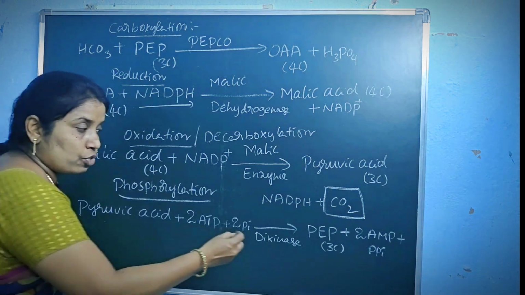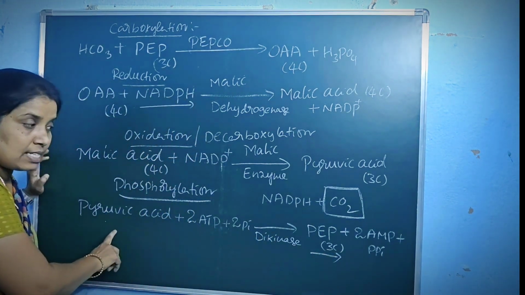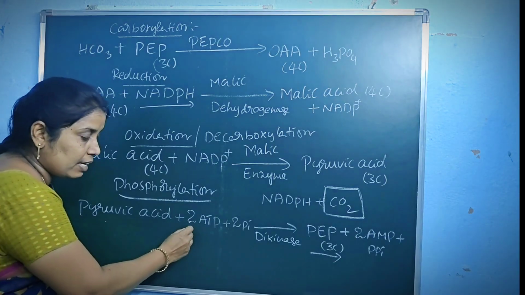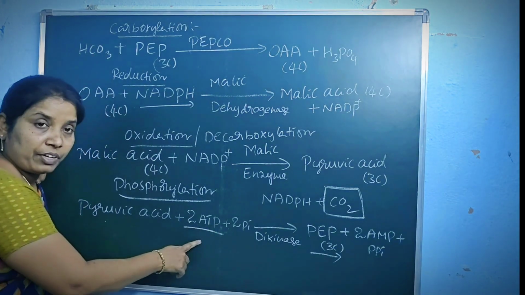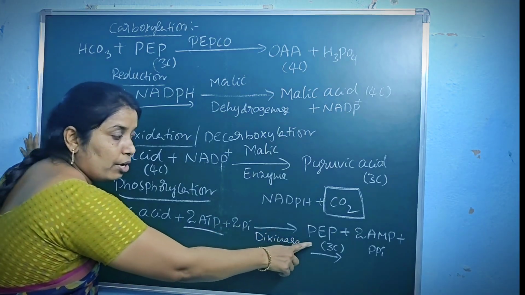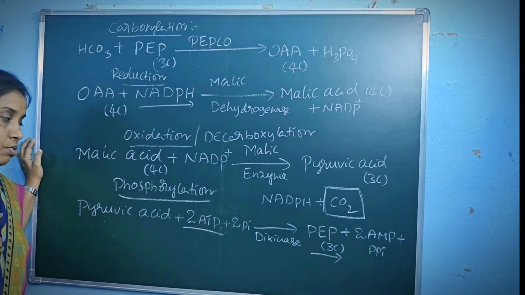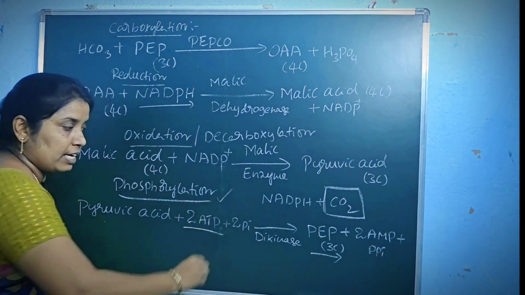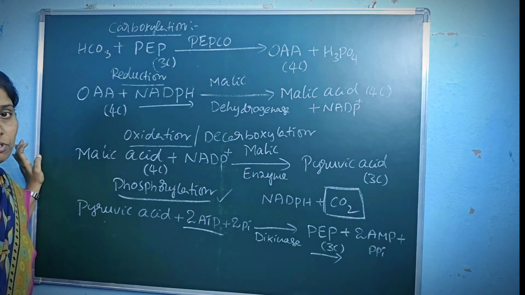Pyruvic acid, with the help of ATP, here 2 ATP are going to be utilized, is converted into PEP, phosphoenol pyruvic acid. So this step is called phosphorylation. It occurs in the presence of an enzyme, dikinase.